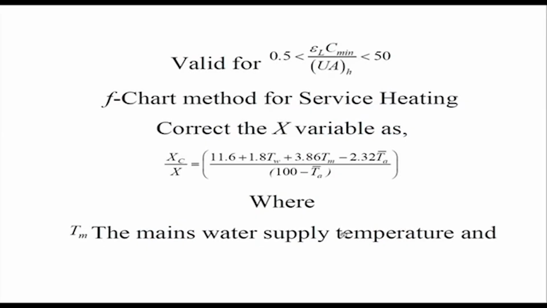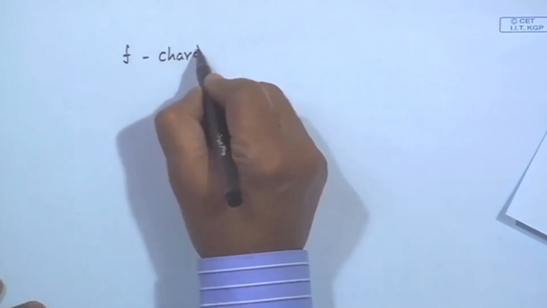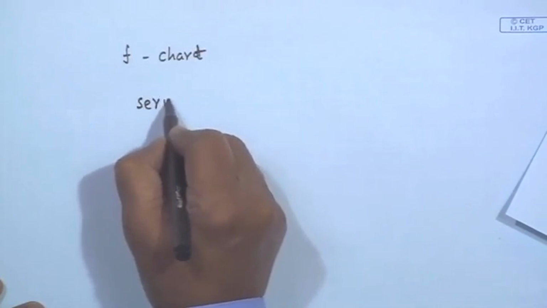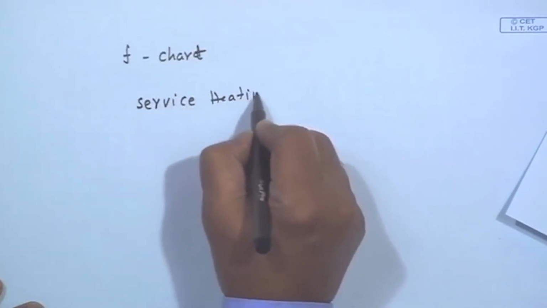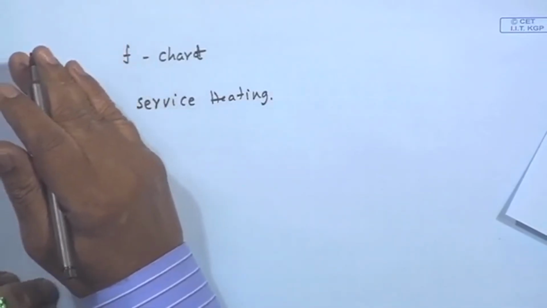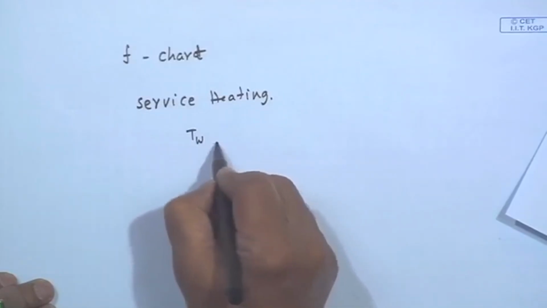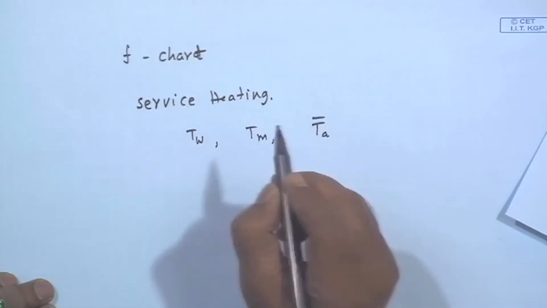Then F chart has been made useful for service heating, that is, you would like to estimate the solar load fraction if the system is going to supply at some TW, if the mains temperature is Tm and the ambient temperature is Ta bar.